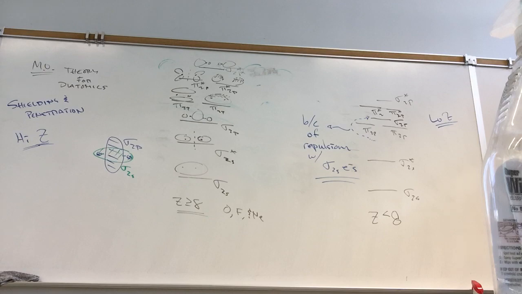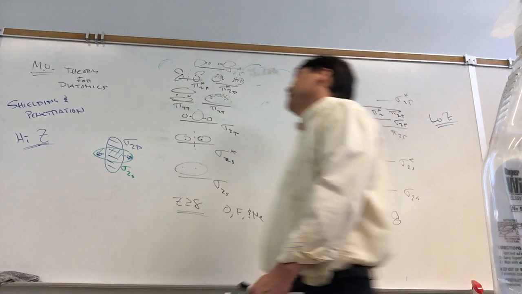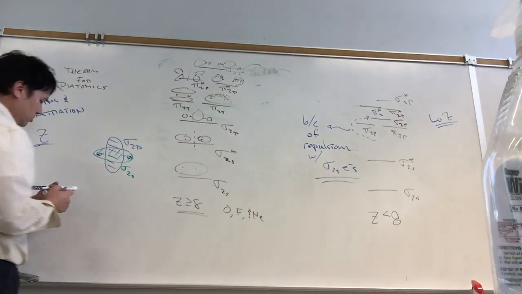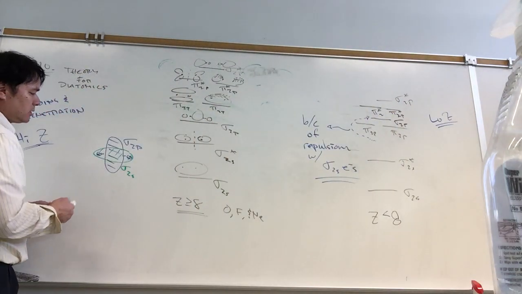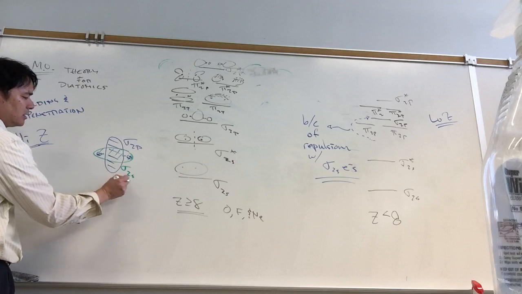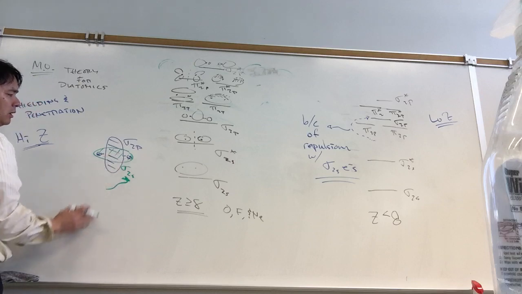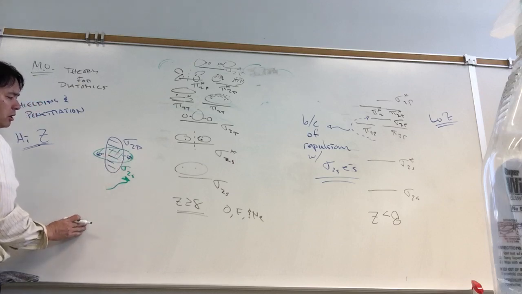What happens is they occupy the same volume. And so at high Z, the sigma 2s is smaller because it contracts more due to the higher nuclear charge.